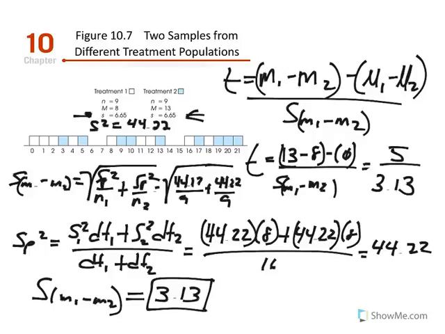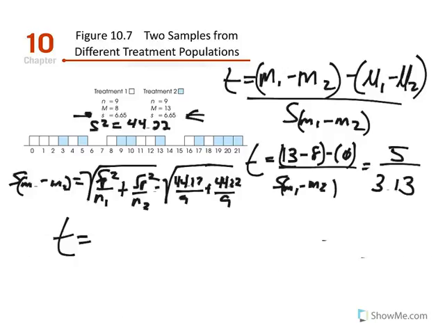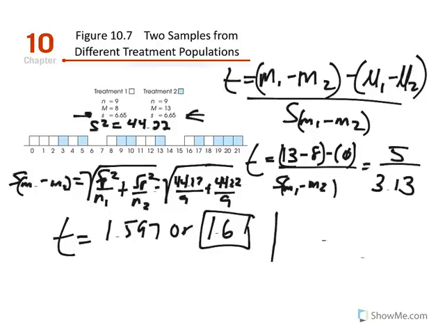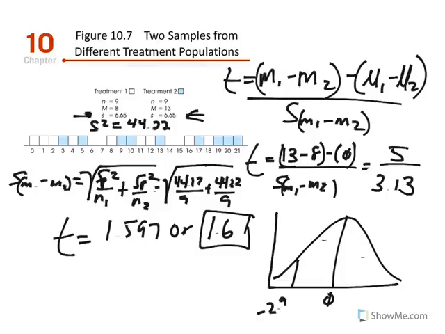So let's calculate our t-statistic. In our calculators, 5 divided by 3.13 gives us 1.597, or we could say 1.6. So that's our t-statistic. Given the parameters that we had set for our test, again in the center we have 0, and our critical t was set as negative 2.921 and positive 2.921.